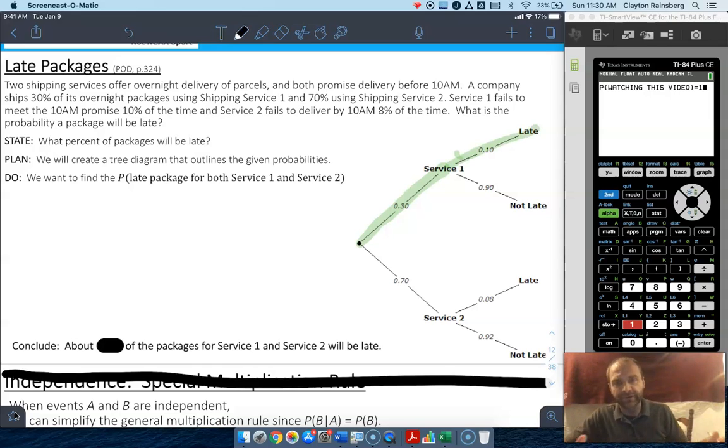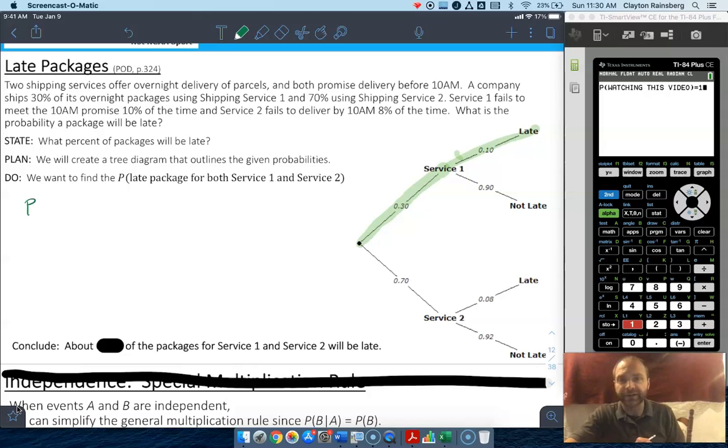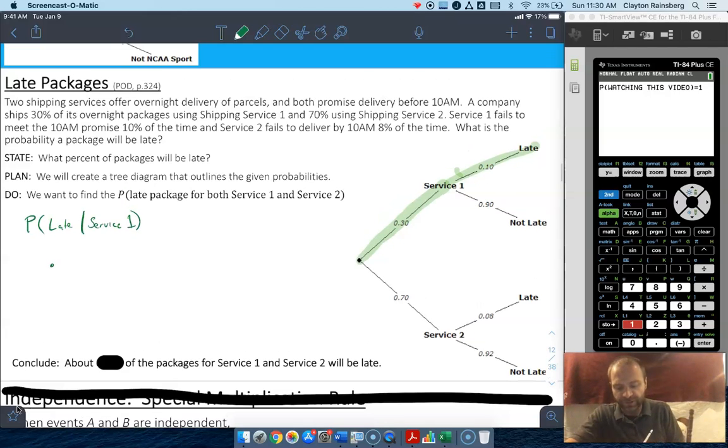So I'll do green for this one. I want to find the probability that you're going to have a late package given that you used service 1. Well, in that case, using service 1 is 0.30. Of that, 10% are going to be late. So when I multiply those together, I get 0.03.